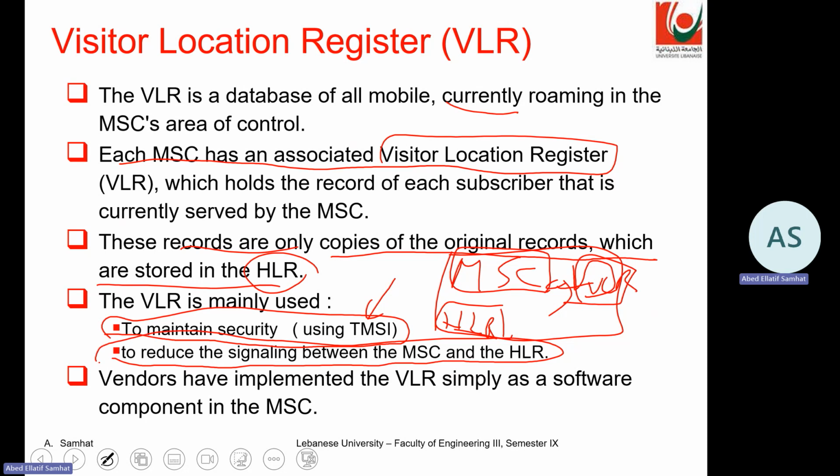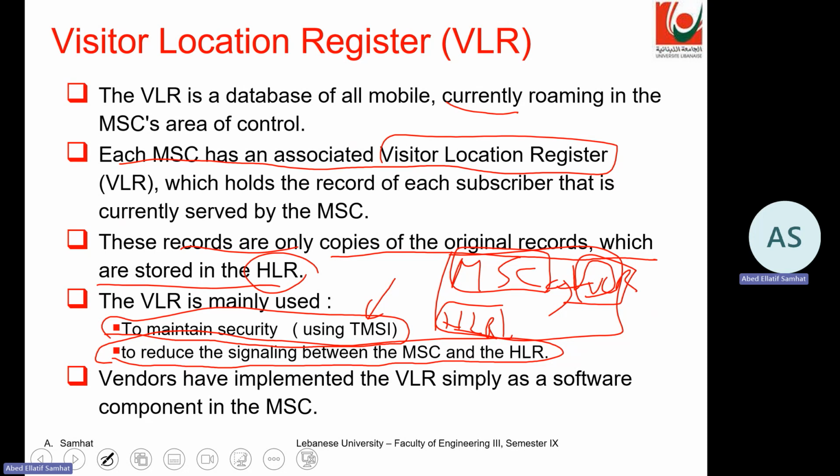It is also important for reducing the signaling between the mobile switch center and the home location register. Because the visitor location register contains the database of the mobiles the mobile switch center controls, their number is smaller than the mobiles registered at the home location register.